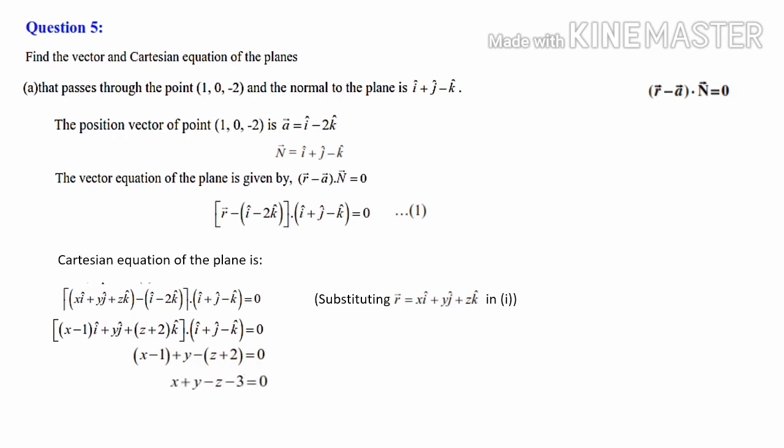A little bit of simplification: x + y - z, and here there is minus 1 and minus 2. Minus into plus is minus, so minus 2. Minus 1 minus 2 is minus 3, equal to 0. So we can take this minus 3 to the right side: x + y - z = 3. This is the Cartesian equation of the given question.